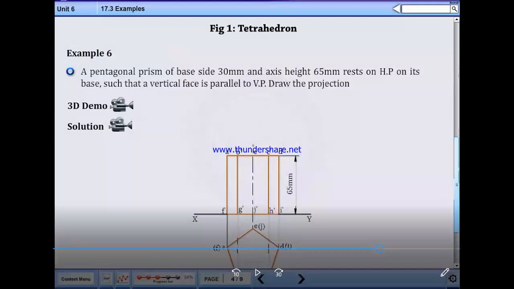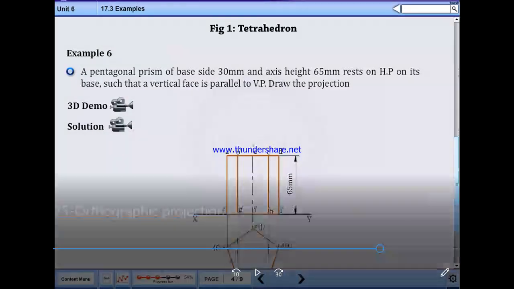A pentagonal prism of base side 30 mm and axis height 65 mm rests on HP on its base such that a vertical face is parallel to VP. Draw the projections. Note on this problem.